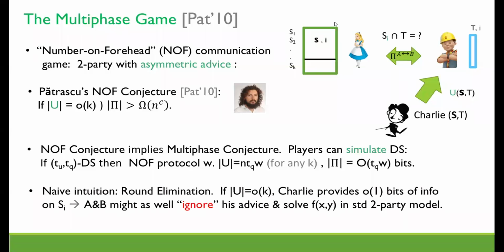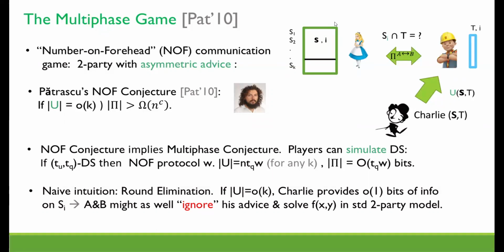Now, what is the intuition behind this conjecture? The naive intuition is the following. If the advice is small, Charlie roughly provides little or no bits of information about Si.